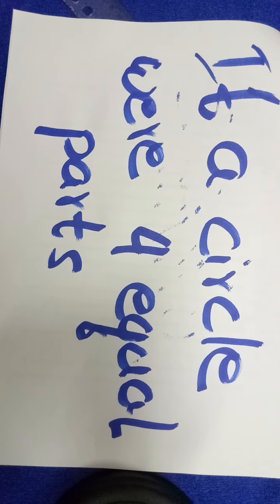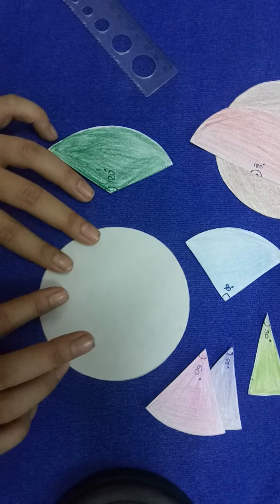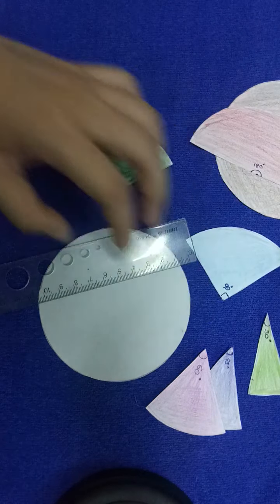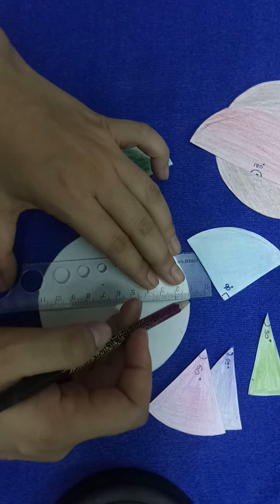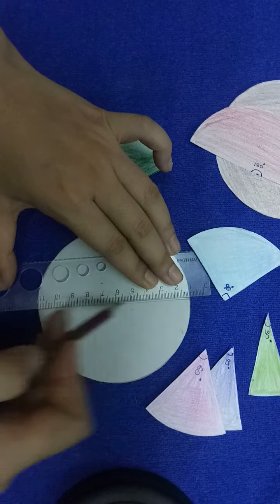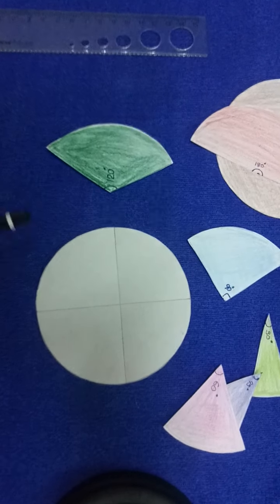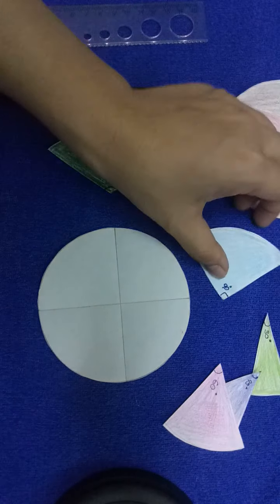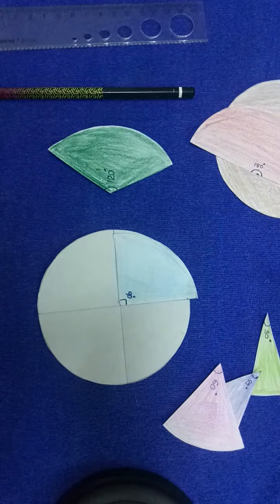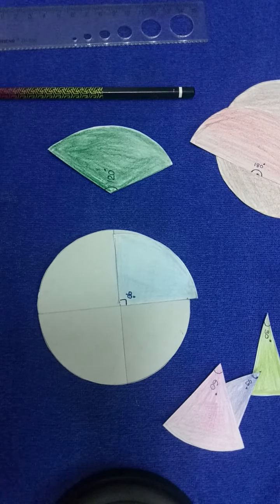If a circle were 4 equal parts, just draw 2 lines. 1, 2. So how many degrees is this? It will be 90 degrees for each piece, right?